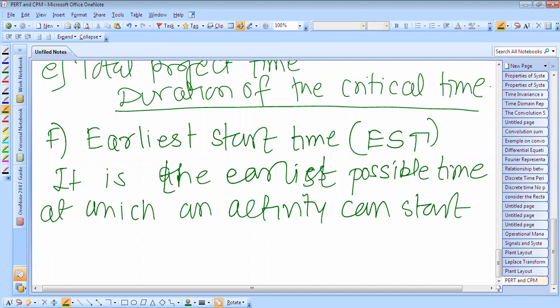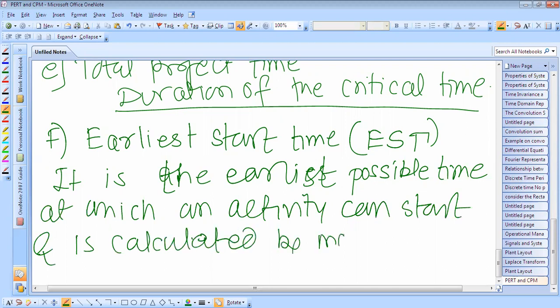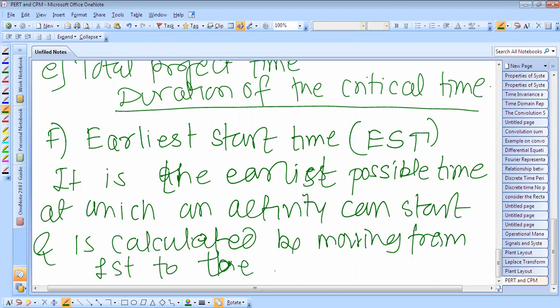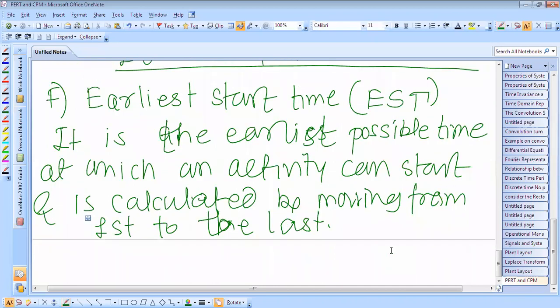And it is calculated by moving from first to last. First to last means what?